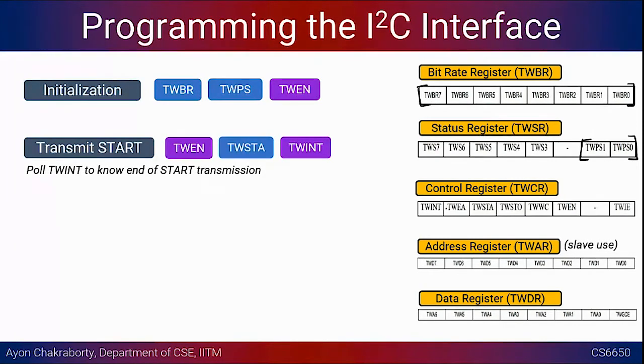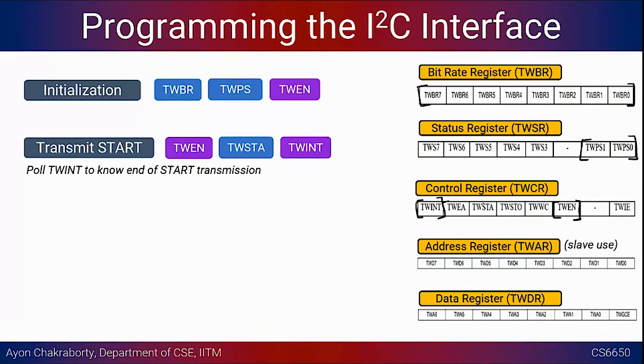In every conversation, whether we transmit or receive data bits, we always have to use the TWEN, which is here, and the TWINT, which is here.